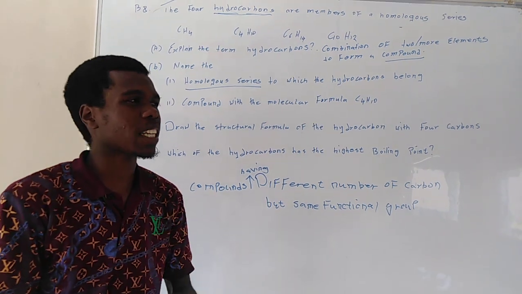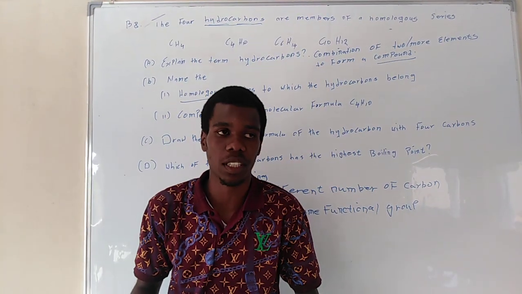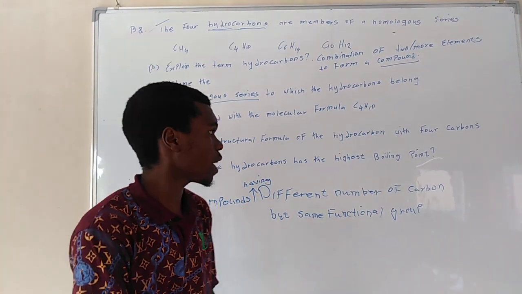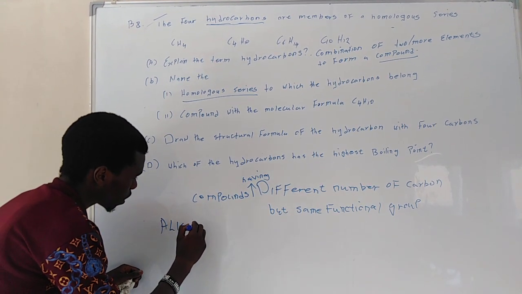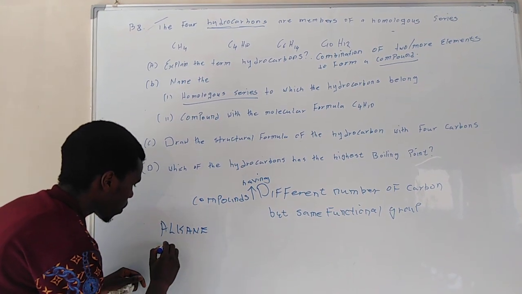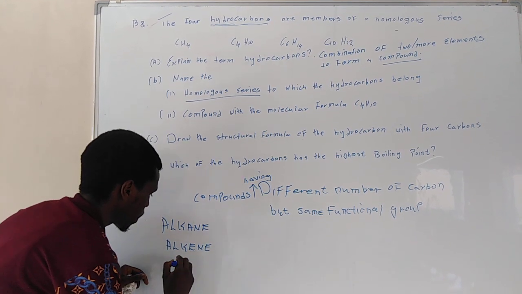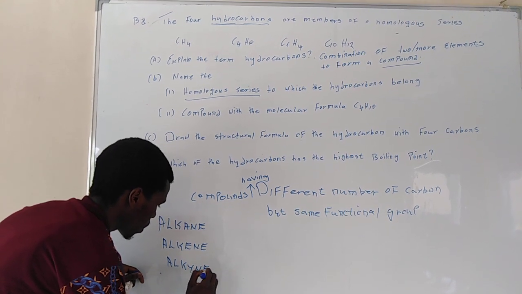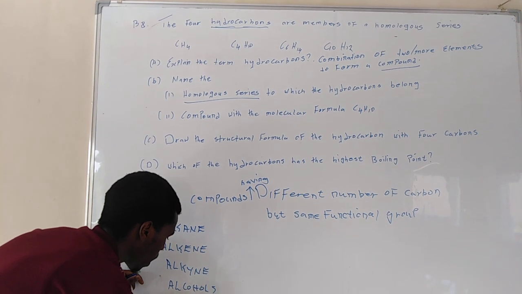A good example, let me put this in a practical aspect. Organic chemistry is composed of about five families: the alkanes, the alkenes, the alkynes, the alcohols, and also the esters.